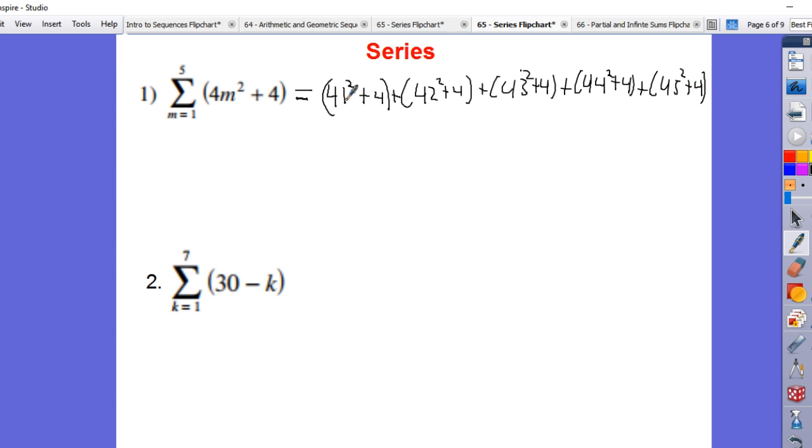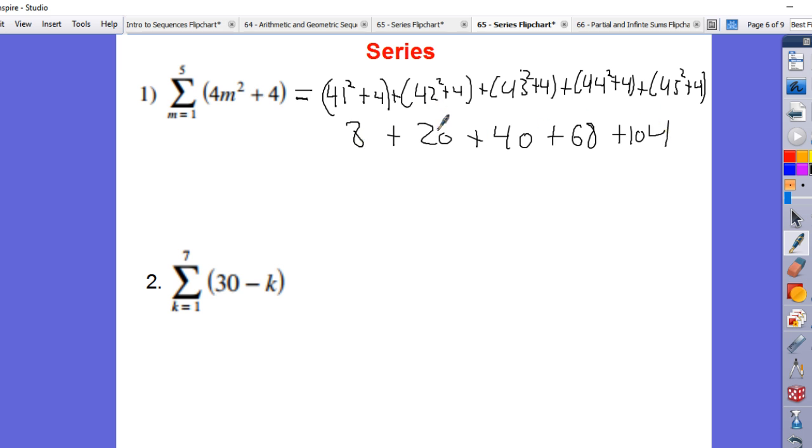All right? 1 squared is 1. 1 times 4 is 4. 4 plus 4 is 8. 2 squared is 4. 4 times 4 is 16. 16 plus 4 is 20. 3 squared is 9. 9 times 4 is 36. 36 plus 4 is 40. 4 squared is 16. 16 times 4 is 64. 64 plus 4 is 68. 5 squared is 25. 25 times 4 is 100. 100 plus 4 is 104.